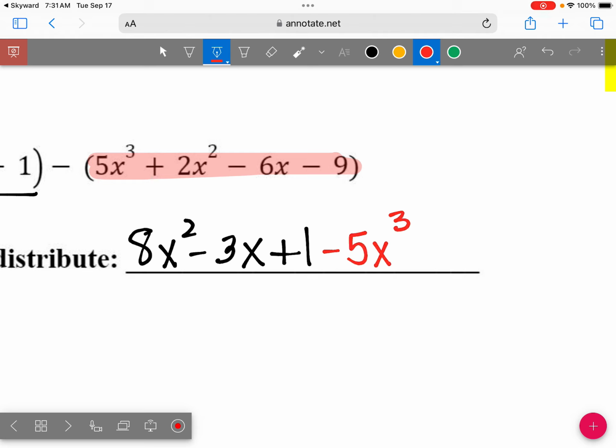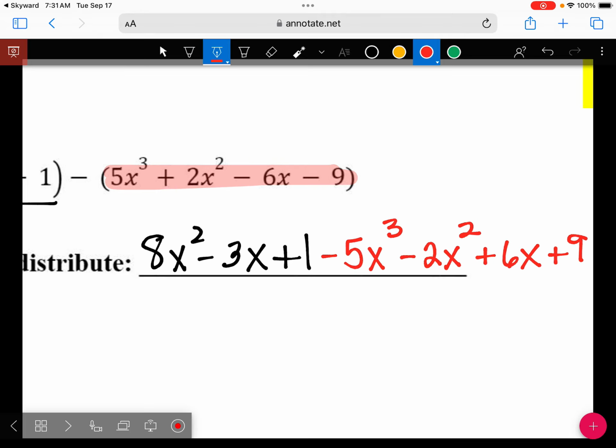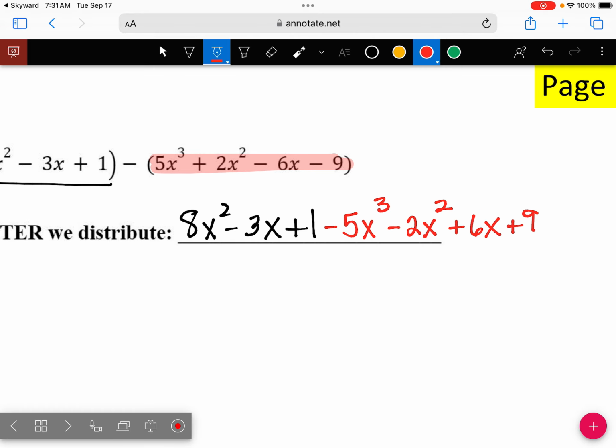The positive 2x squared becomes a negative 2x squared. The negative 6x becomes a positive 6x. And the negative 9 becomes a positive 9. After you rewrite it, then you combine like terms. So take a minute, combine your like terms.